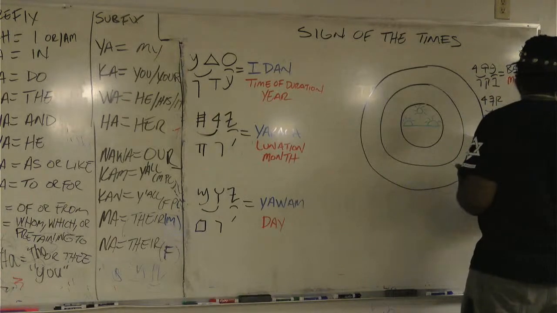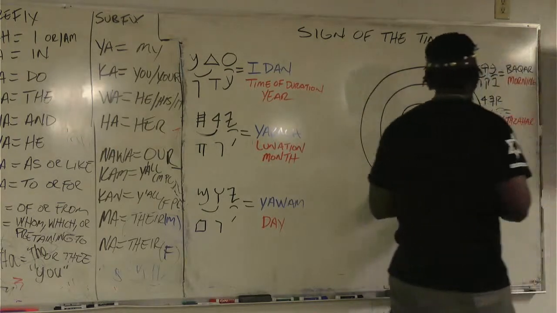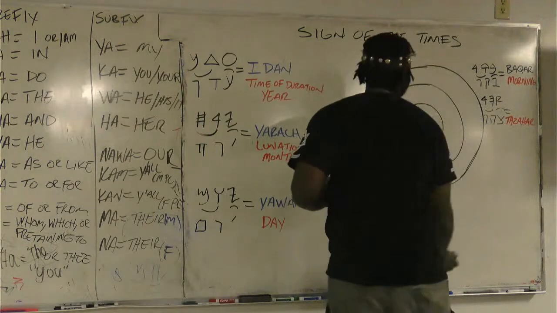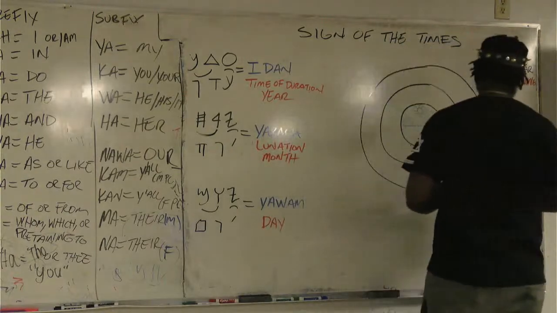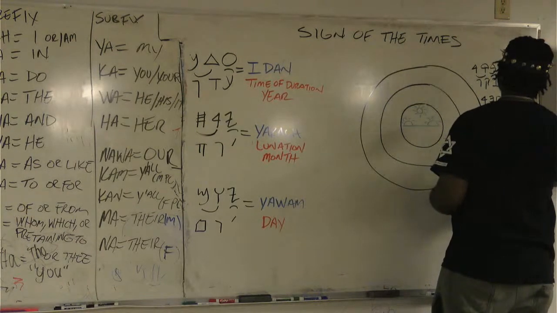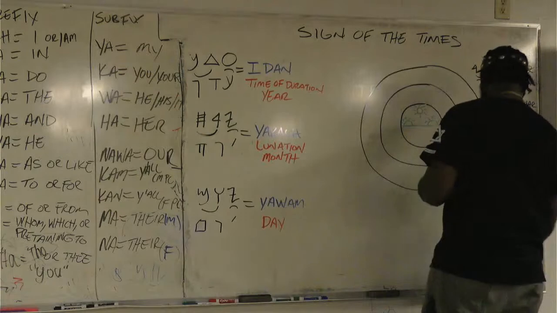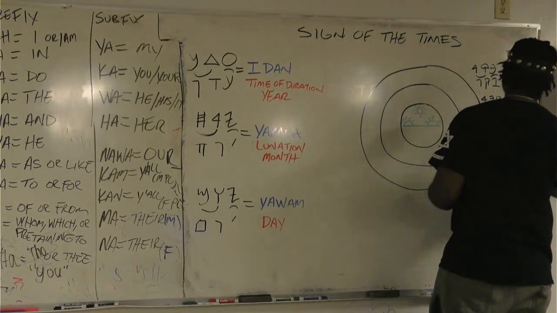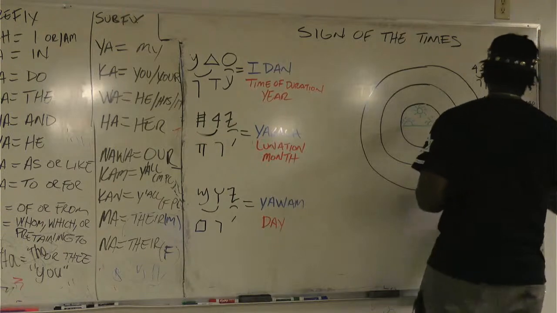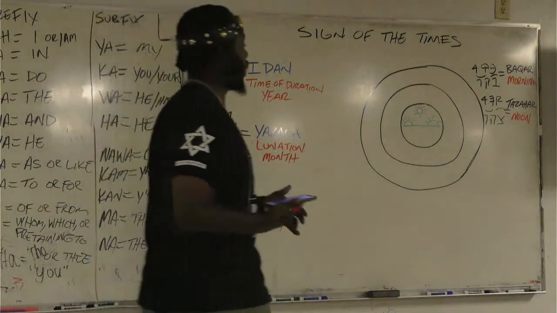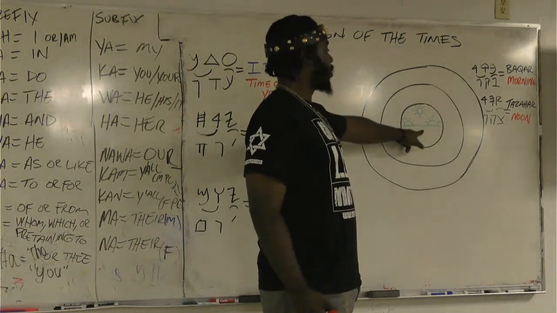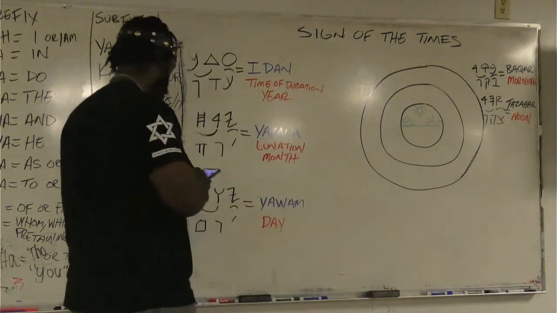The next one we have is Tazahar. Tazahar, which is noon. So we have Bakwar, Tazahar.